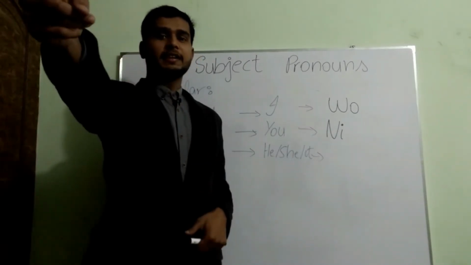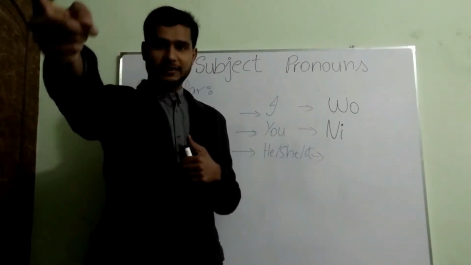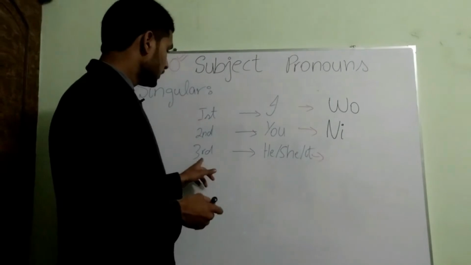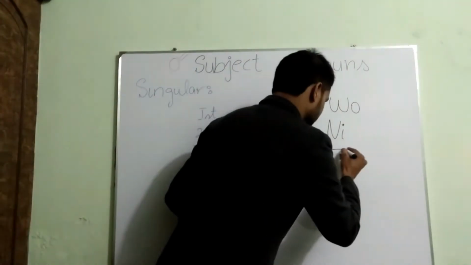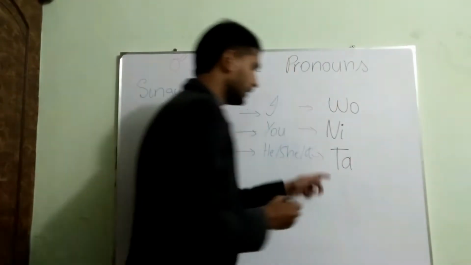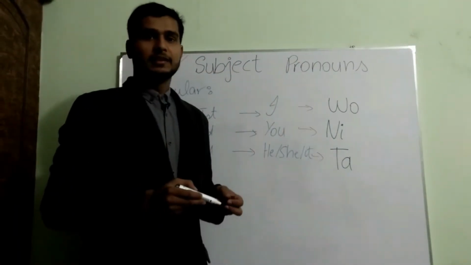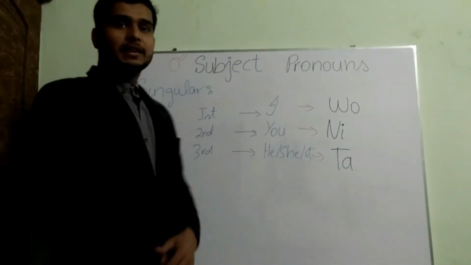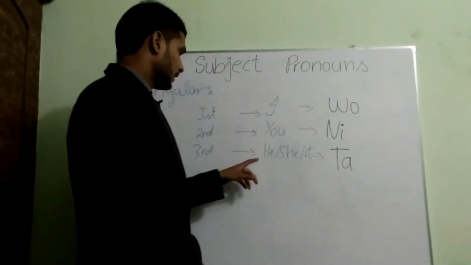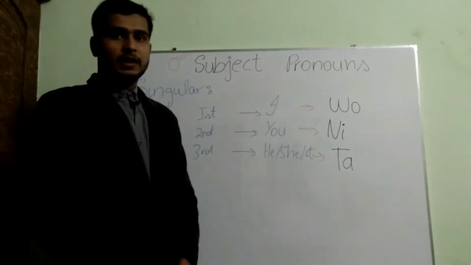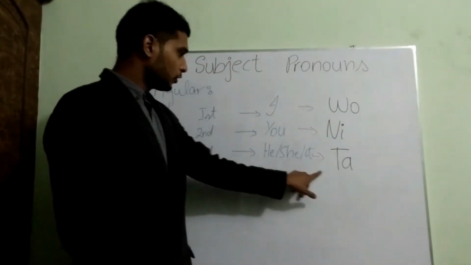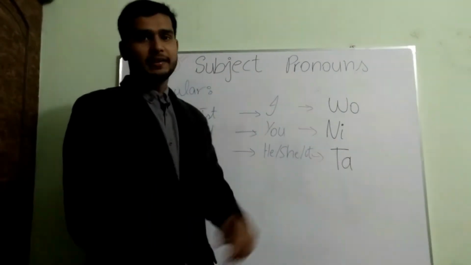Now the third person we say tā, T-A. Tā is used for all: he, she and it.